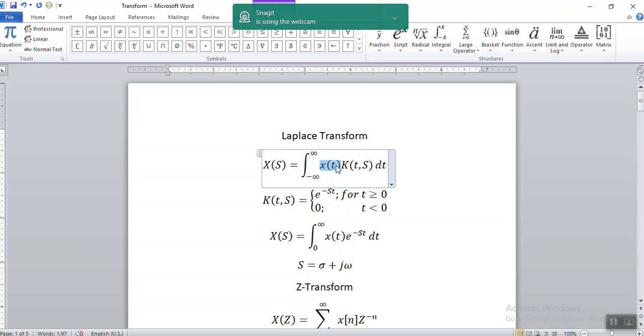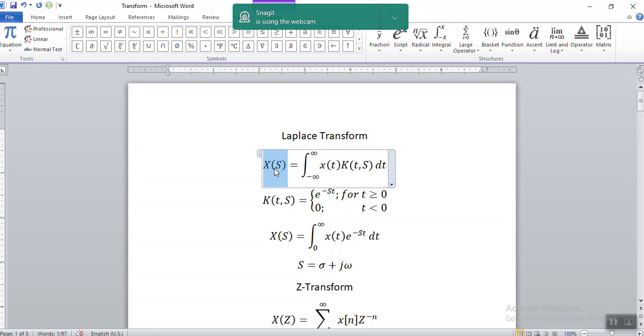Then we integrate, and as we know, integration gives the area or the continuous summation over all time, minus infinity to infinity, integrated over t. So it will give you an expression in terms of s only, that means the independent variable is s only.